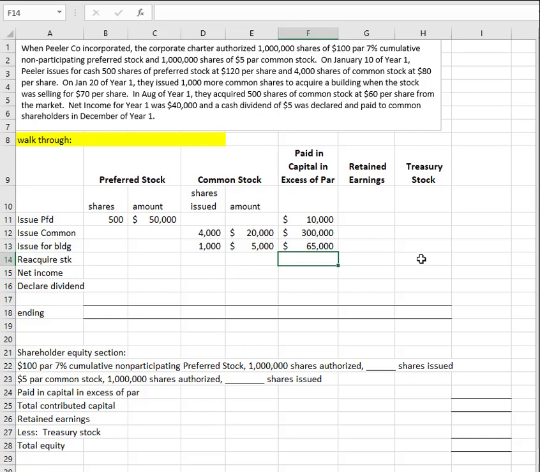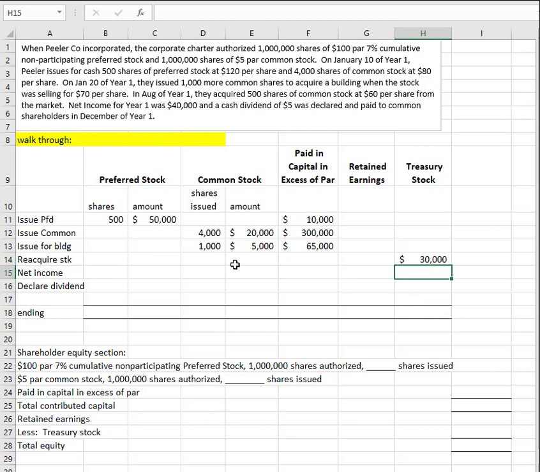So we're reacquiring stock and we're holding them in treasury. We'll put in here 500 shares times what they paid, which was 60, repurchased from the market. That is a contra equity account. It reduces equity. It contracts contributed capital. And so this will be a negative when we're calculating total equity.